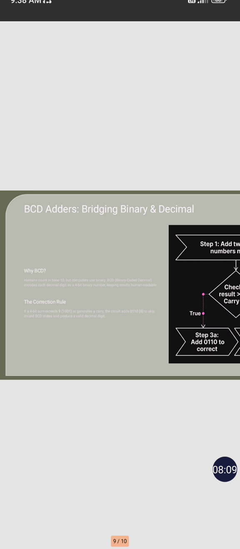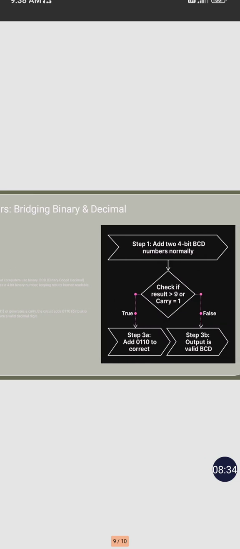BCD is useful because humans use decimal numbers while computers use binary values. When the binary sum becomes greater than 9, it produces a carry. Adding 6 removes the invalid BCD code and produces the valid decimal result. BCD adders are used in digital clocks, calculators and display systems.